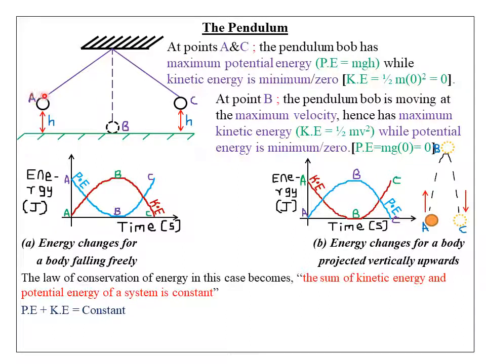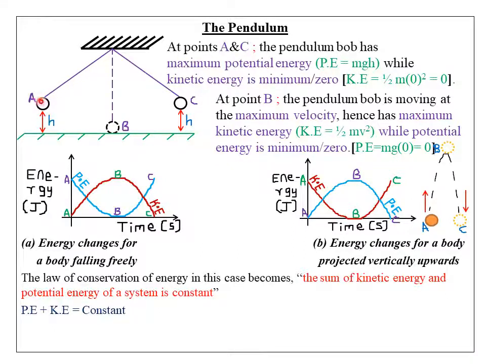So at point A and at point C, because the body is at maximum height from the ground level, the body is said to be having the maximum potential energy, and specifically in this case we are talking of maximum gravitational potential energy.